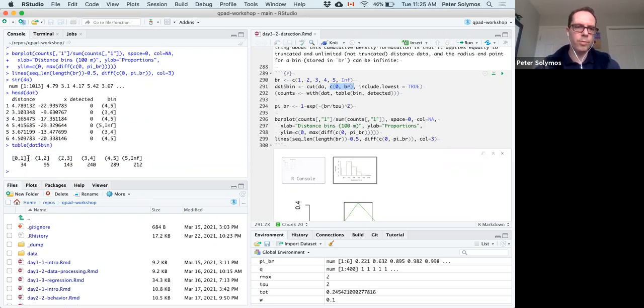So we have 0 to 1, 1 to 2, 2 to 3, and so on, and 5 to infinity. So now we are putting circles around the observer, increasing the distance and counting all the nest locations inside each of these distance intervals.